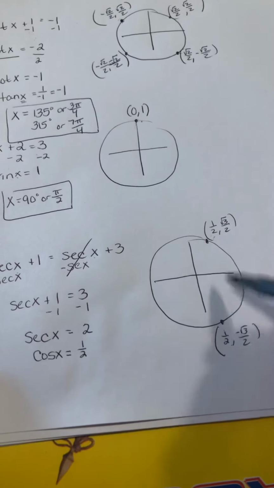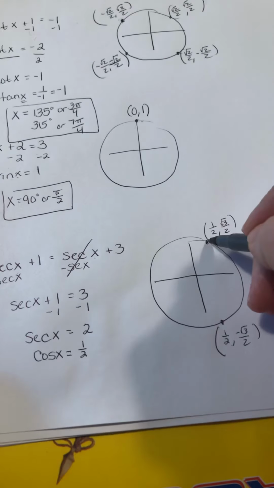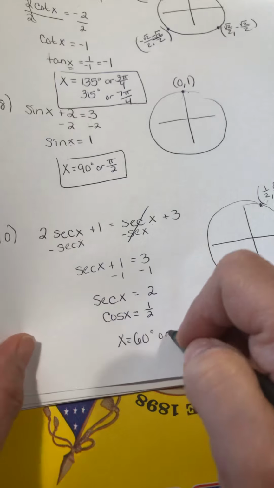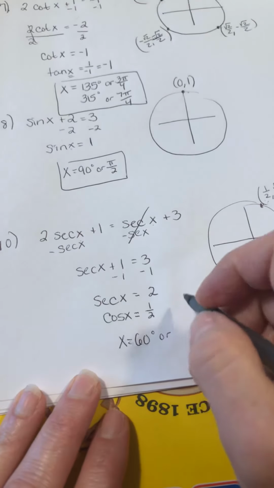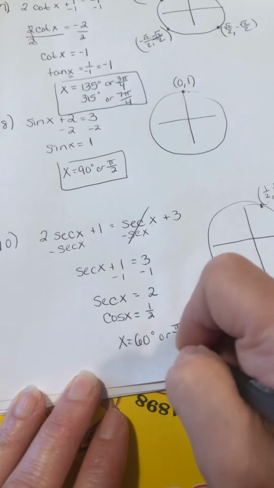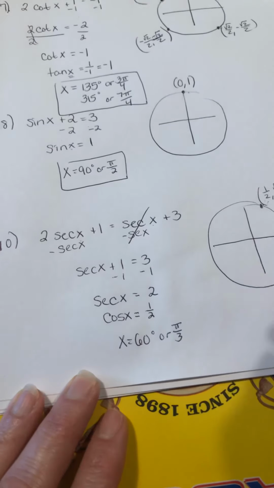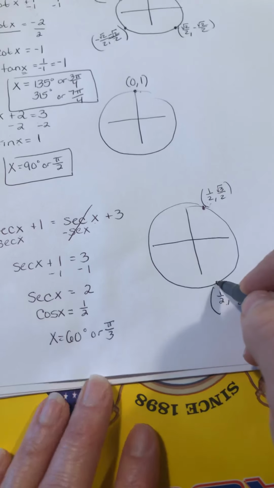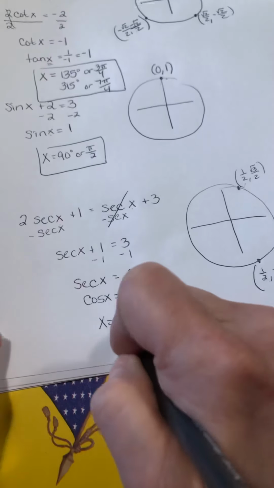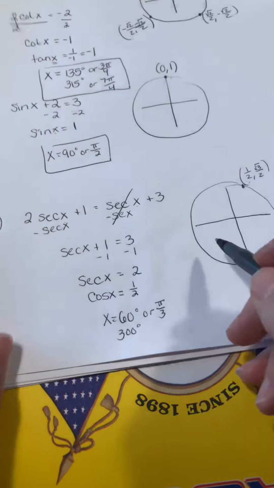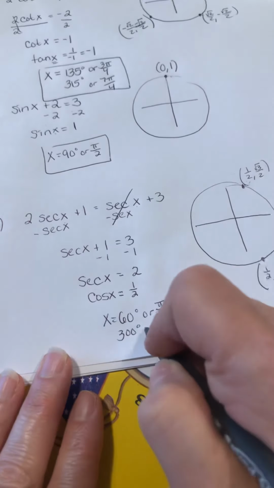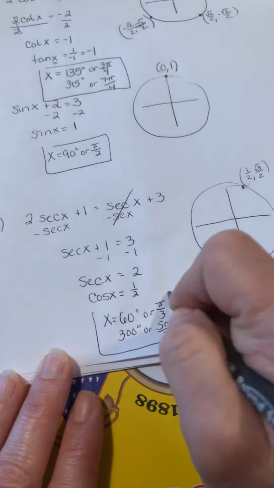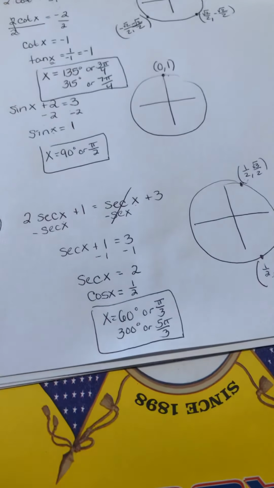Our 1/2, that is my cosine of theta. So this angle is 60 degrees, or what we call pi/3. And this angle over here is 300 degrees, or what we call 5pi/3. And that's it for now.